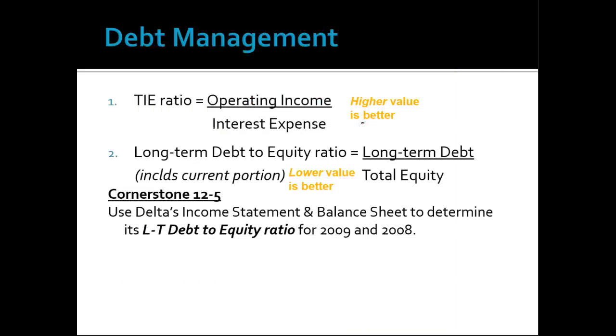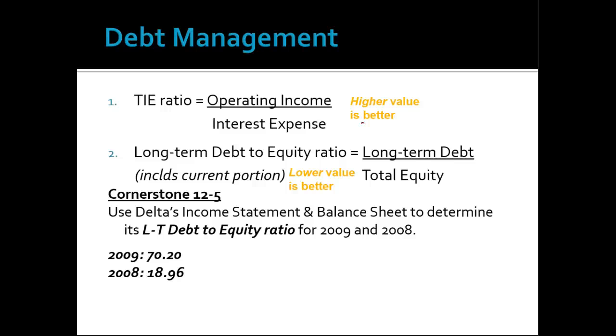And what I come up with is that in 2009, Delta had 70 times the amount of debt as it had equity. That means for every dollar of equity, there was $70 in debt. That would be telling me that most of the assets that Delta owns were paid for with debt.